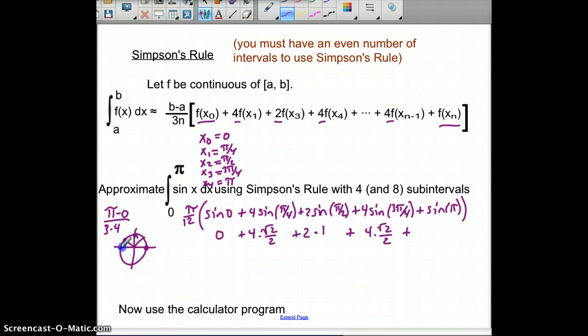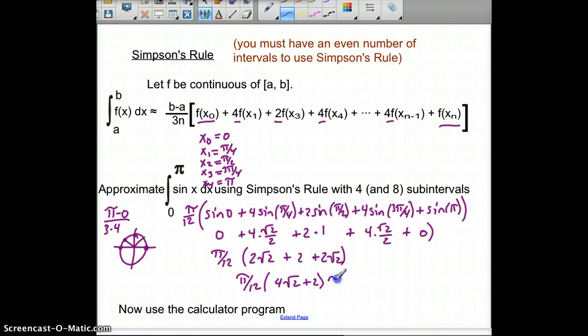Plus sine of pi is 0. This cancels, so we have 2 root 2 plus 2 root 2. All of that is still times pi over 12. So we have pi over 12 times 4 root 2 plus 2.